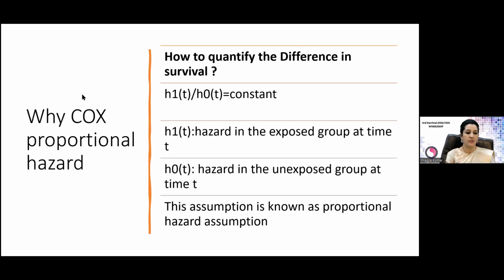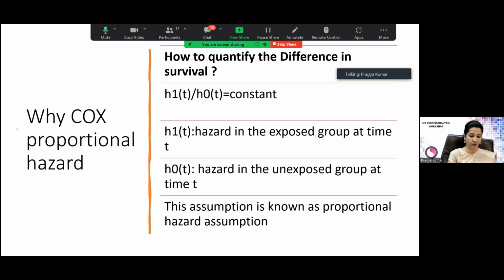Now this Cox proportional hazard, you can see there is a term proportional. That word is there. So why? Because we assume that this proportion, this ratio of hazard, will be the same across all time points. So here we assume that the hazard rate ratio H1 and H0, between the two groups, maybe the intervention group and the reference group, is a constant.